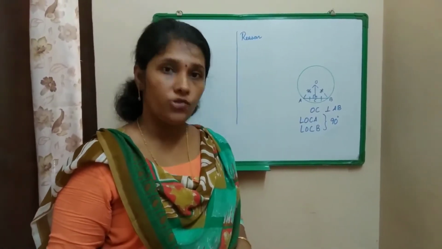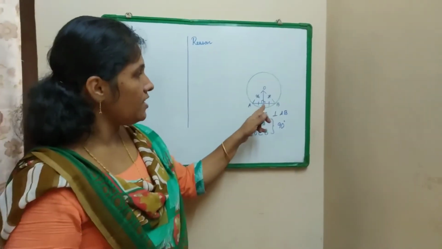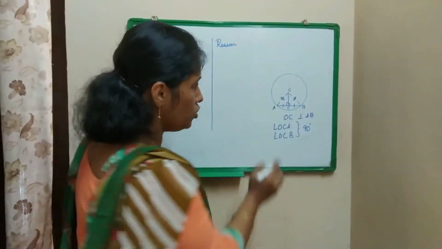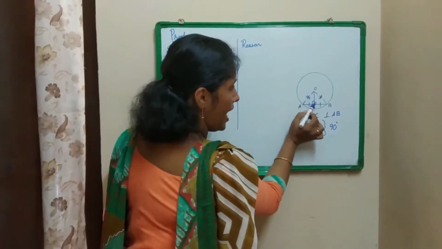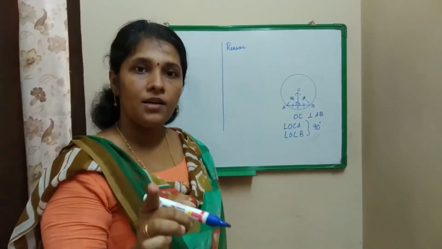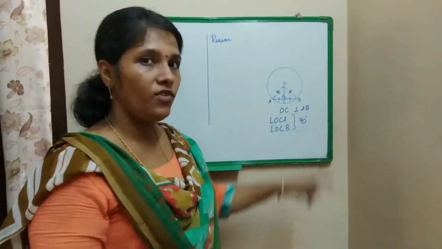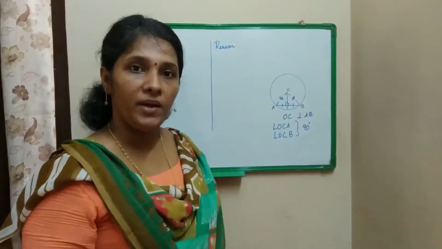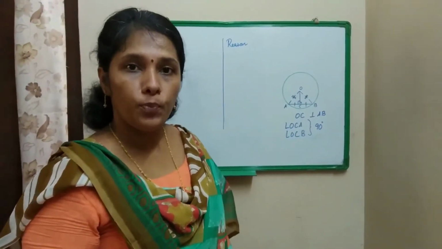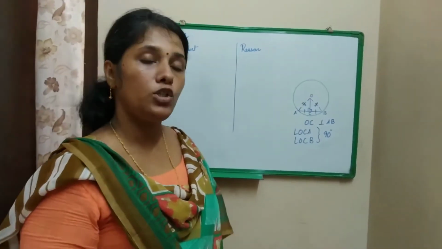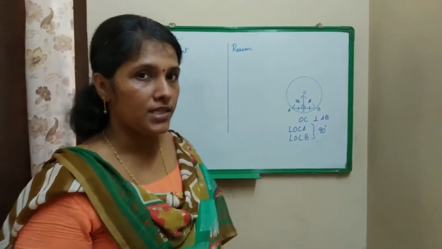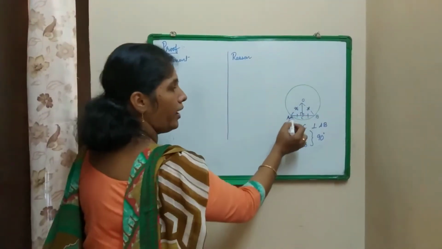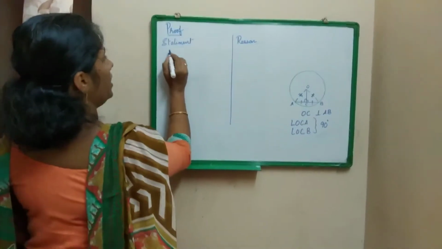It's called a straight angle. If we prove these two angles, OCA and OCB, are equal, the sum will be 180 by the straight angle. So each one will be 90 degrees. To prove this, we are going to use congruency. For that, we will consider the two triangles OAC and OBC. Let's start with that.